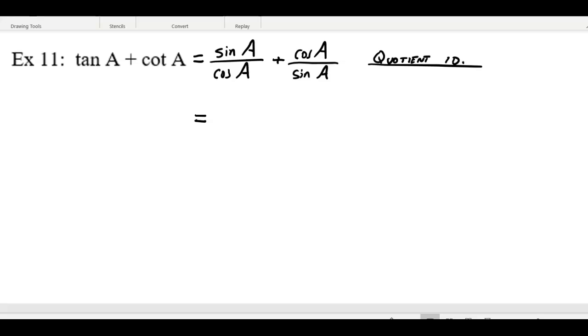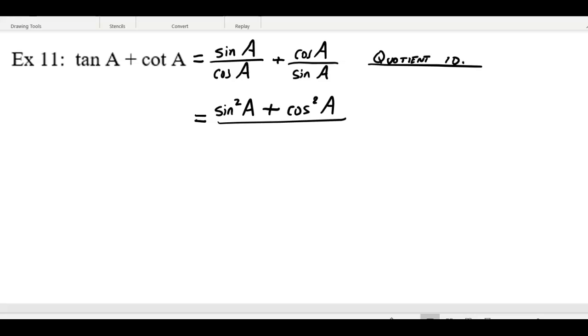So that's going to be sine of A times sine of A, sine squared of A, plus cosine of A over sine of A. I need cosine of A. So I'm going to multiply top and bottom over here by cosine of A. So cosine of A times cosine of A. It looks almost like cross multiplication, which is how some middle school teachers say it.